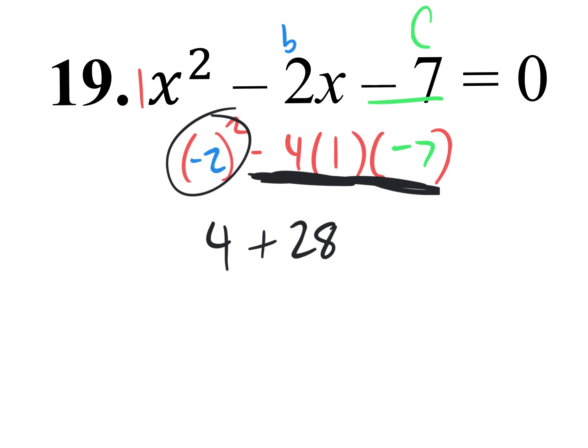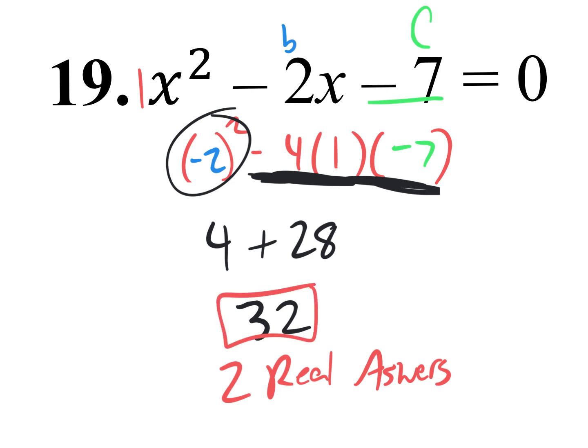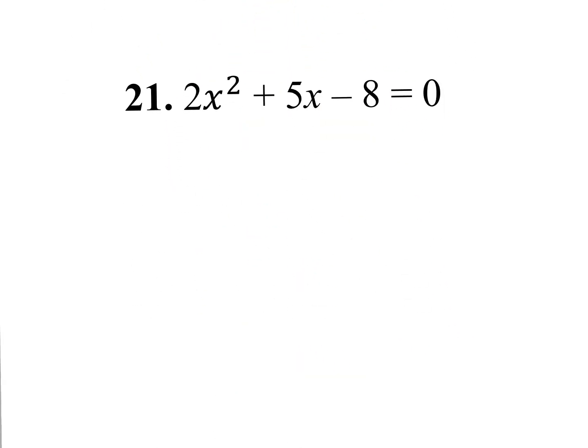And as you can see, this is a positive answer for my discriminant. If I were doing the quadratic formula, I would have this number inside the square root, which means I will be able to get two real answers. So the discriminant is 32, and that produces two real answers if you continued with the quadratic formula. Let's do one more and that's it.